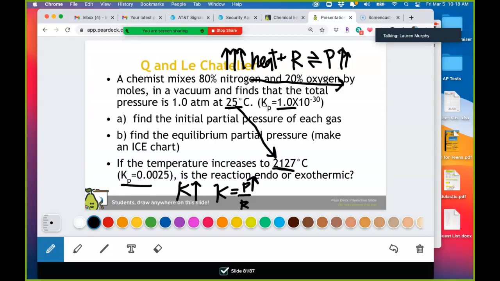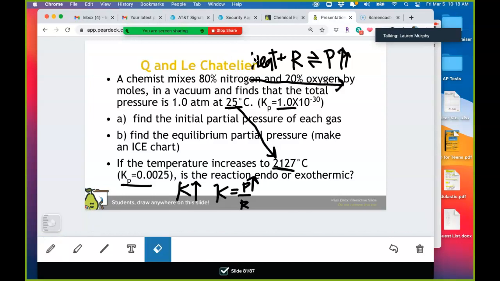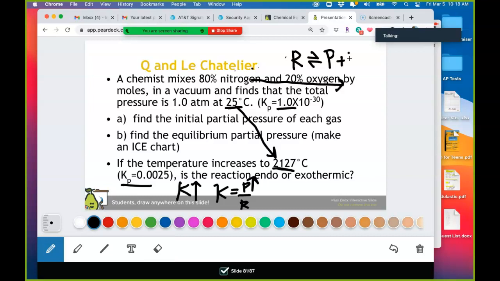Let's talk about why it's not exothermic, okay? If it was exothermic, my heat would be written as a product. That's what it means to be exothermic. Heat comes out, it exits the system. So heat is written on the product side. So if I'm increasing temperature, which I am, going from 25 to 2127, I would increase the stress on the heat, which in this case is on the product side.